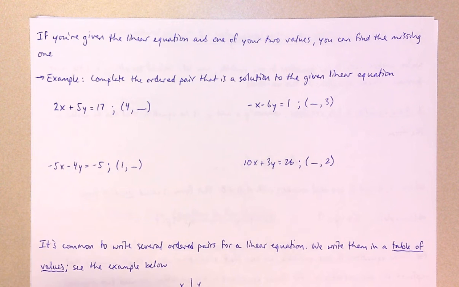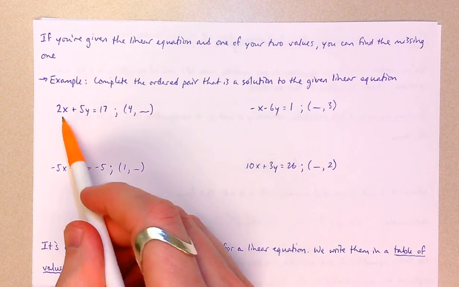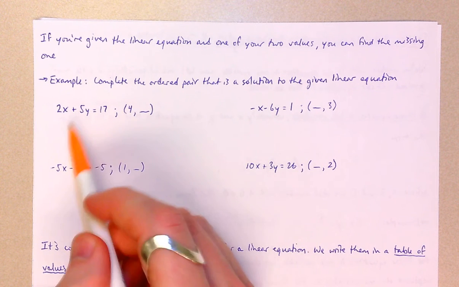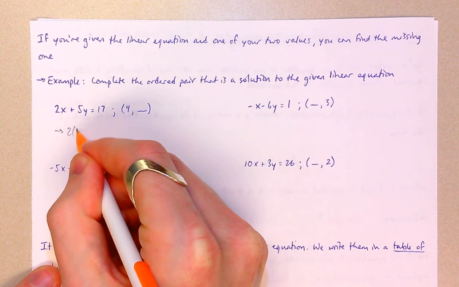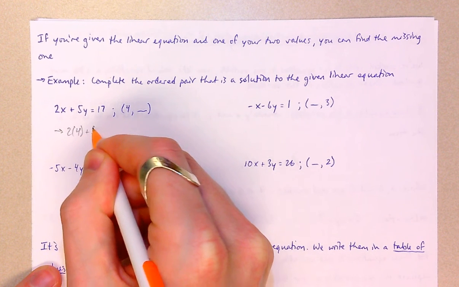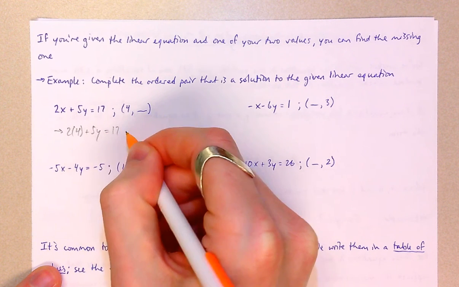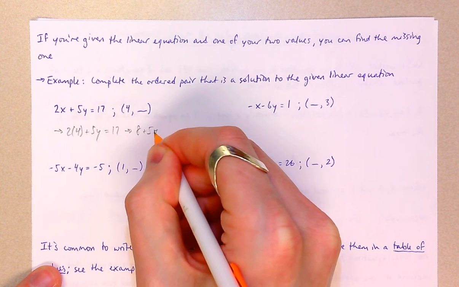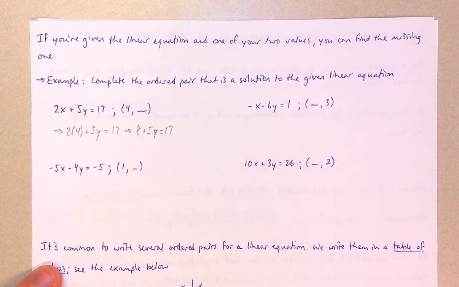So I know that if I plug in 4 for x, I need to come up with the y value such that this is going to be true. So if I do 2 times 4 plus 5y, well, that's going to give me 8 plus 5y is equal to 17.